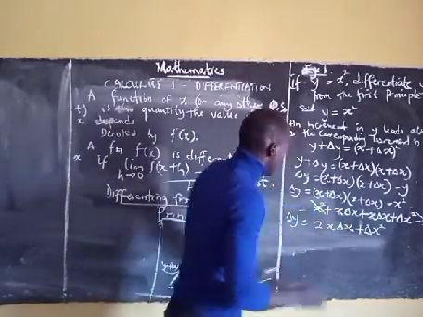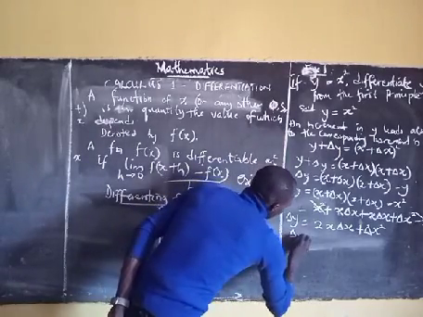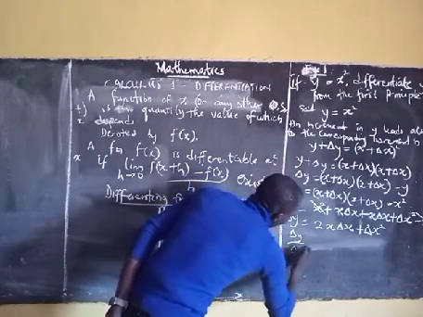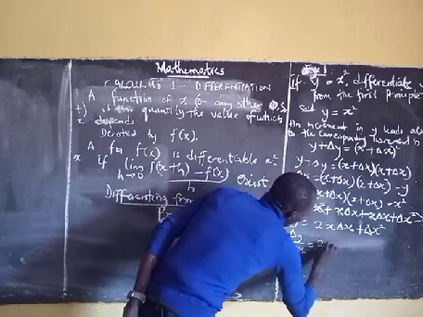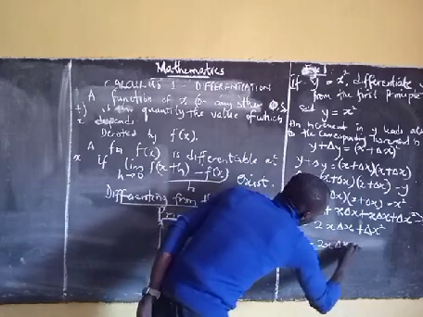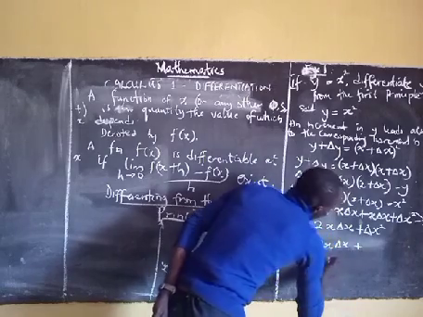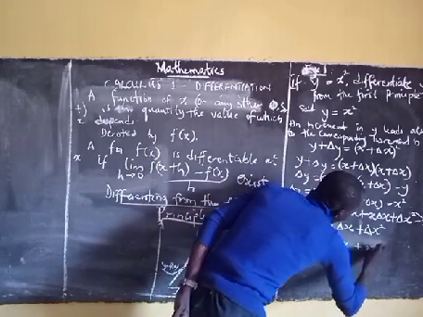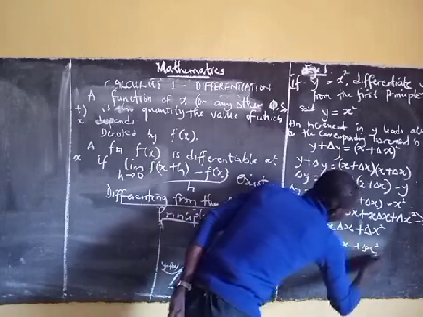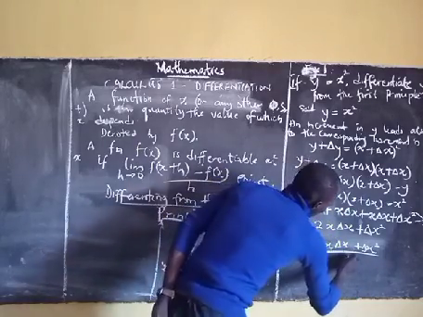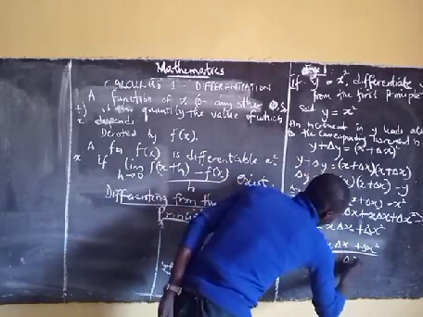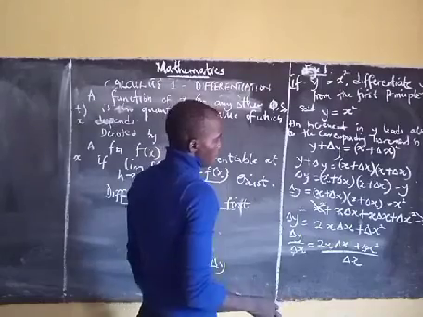Dividing both sides by change in x, we have change in y divided by change in x equals 2x change in x plus change in x squared, all divided by change in x.